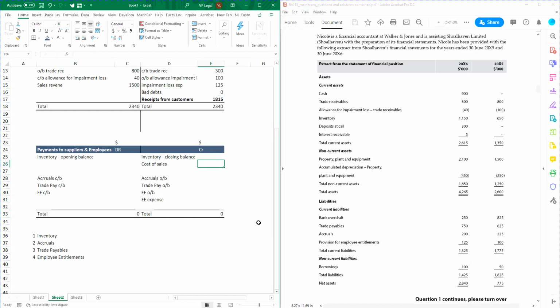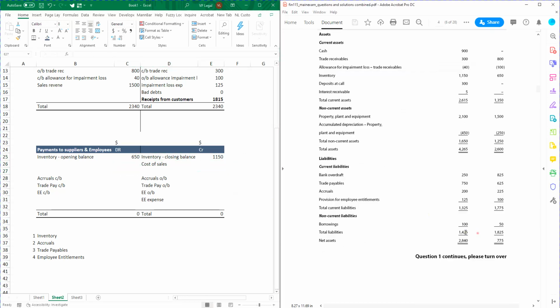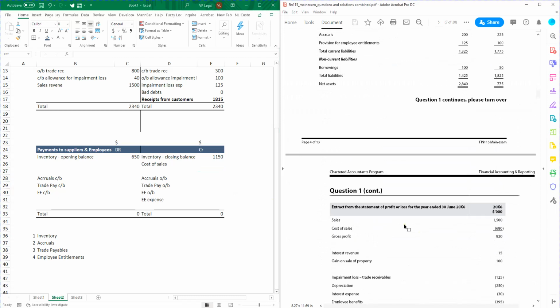So inventory opening balance should be 650. Inventory closing balance should be 1150. Okay, cool. Cost of sales is 680.